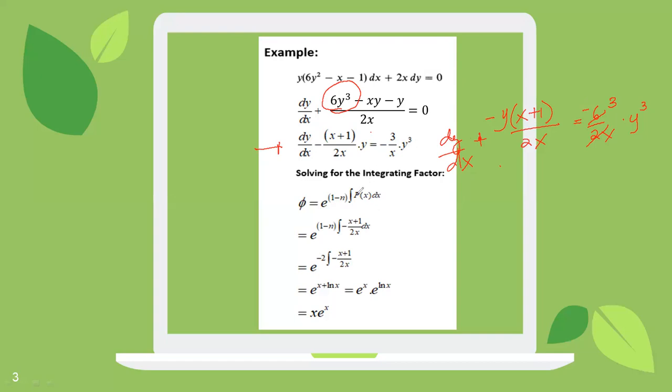Now, the process of getting the integrating factor is similar to that of linear DE, only that you introduce this one. Okay? And you have n here, by the way, is equal to 3.